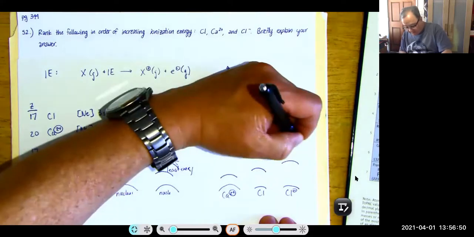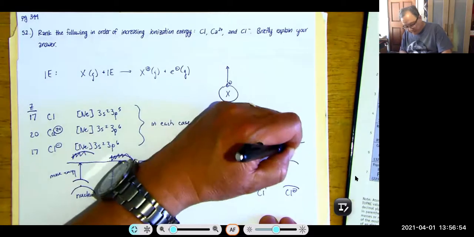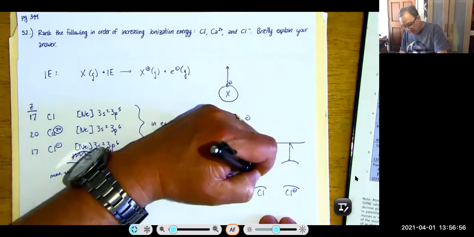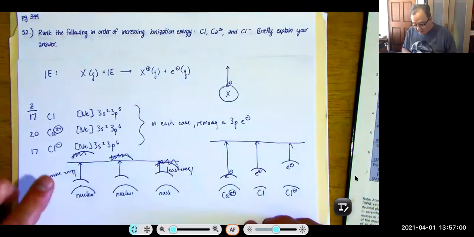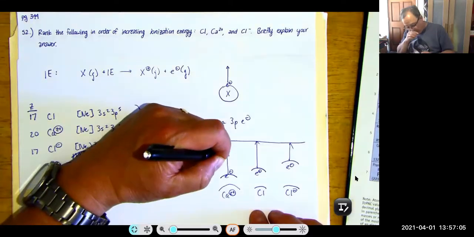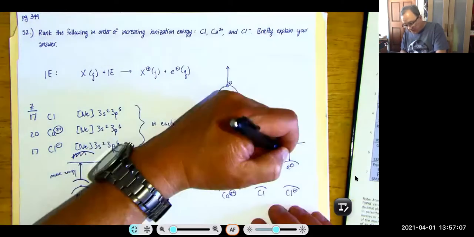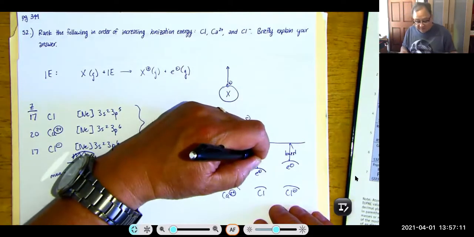So if we're taking an electron off into infinity, we've got to understand that the highest ionization energy is this on the left, the lowest is on the right, and the middle one is in the middle.